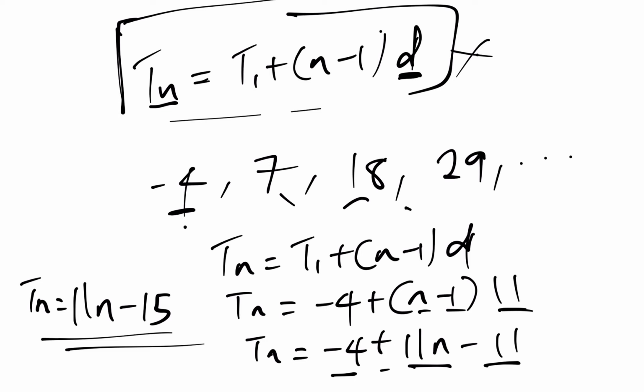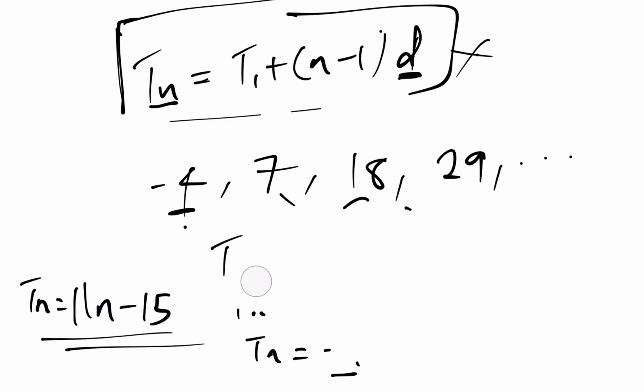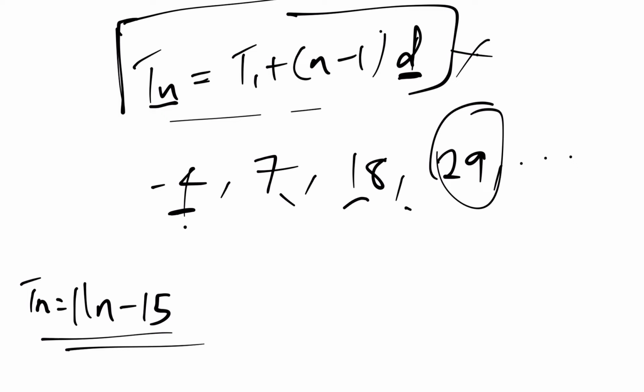So that's our general formula. Again, we can test by picking any term here and confirming whether you get the corresponding value that we expect. I will pick 29. That's term number 4: term number 1, term number 2, term number 3, term number 4.